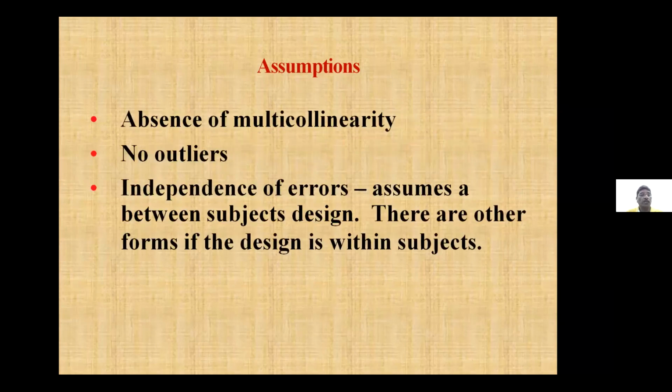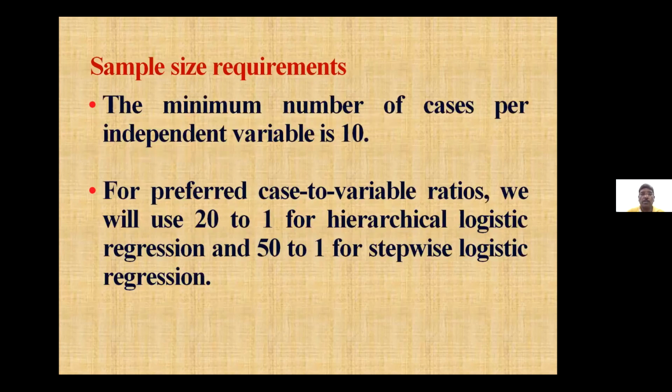Absence of multicollinearity, no outliers. If outliers are present in the data, your result may be different from reality. Independence of error, assume a between-subject design. I think this is not for you, non-statisticians.